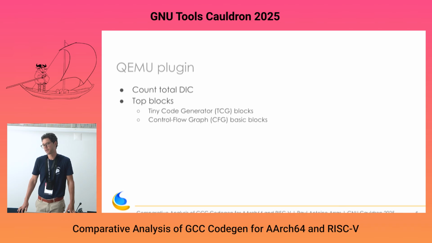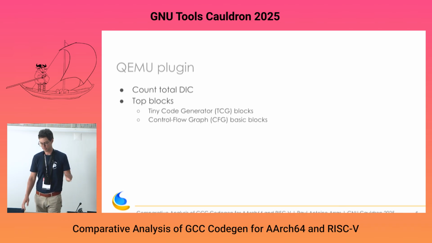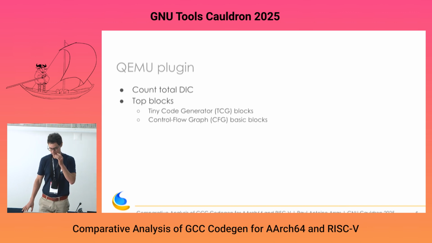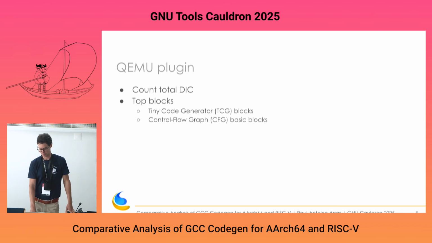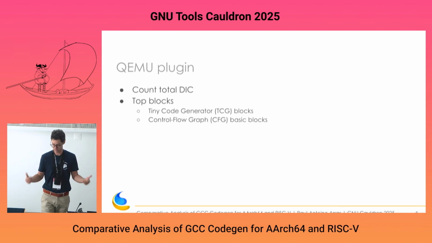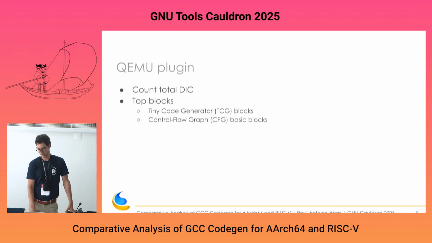There is one tiny difficulty here with QEMU. The way QEMU works, without going into the detail, is that it uses blocks that are easy to translate into JIT, but are not as easy to analyze in terms of what the compiler is doing. It doesn't map exactly to what we know from a compiler perspective, which is the control flow graph basic blocks.